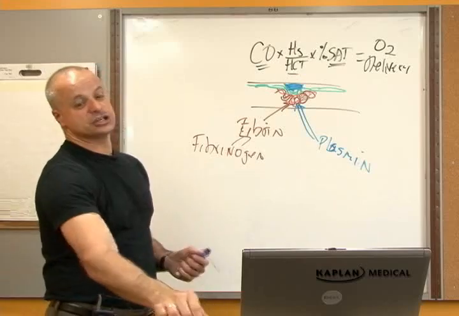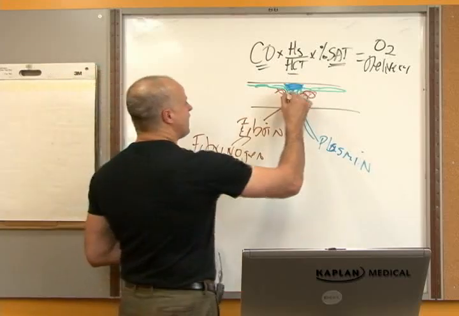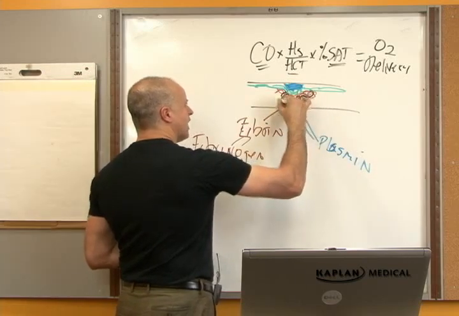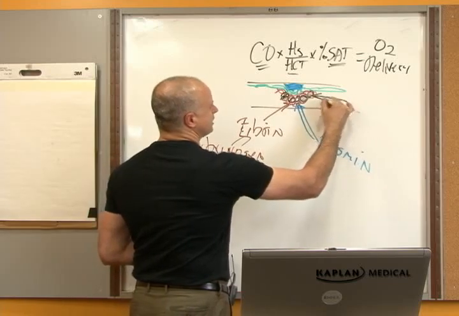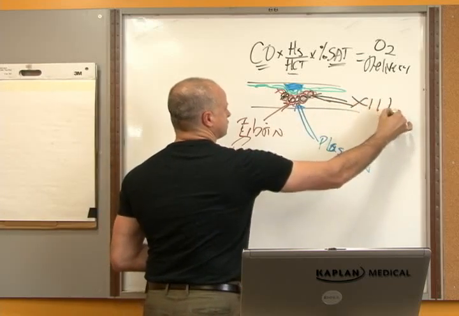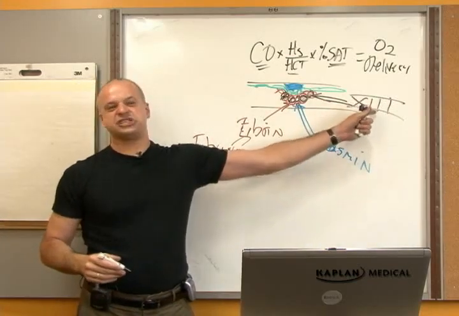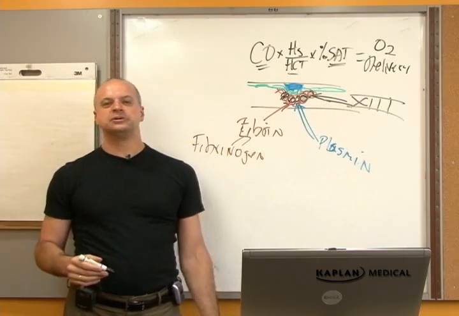But another factor, factor 13, comes and links up the fibrin, and factor 13 stabilizes that clot and preserves the clot. After the clot has been stabilized by factor 13, plasmin won't chop it up.